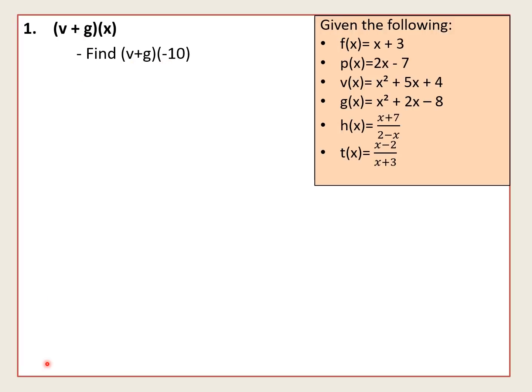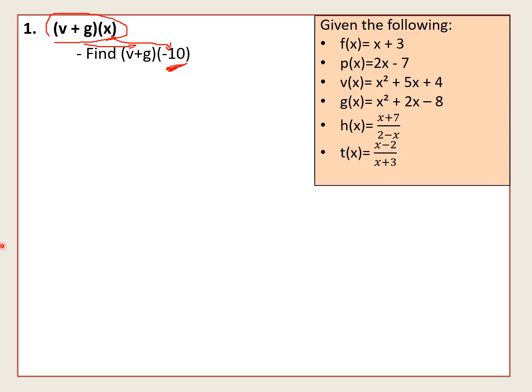V plus g corresponds to this, and x or the domain corresponds to -10. Therefore, ang uunahin muna natin would be the sum. After nating makuha yung sum, that's the time na i-evaluate na natin ang sum ng v and g using -10. Okay? So, combination ito ng evaluations of functions and operations on functions.